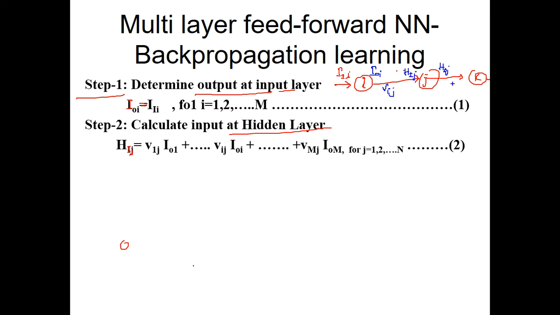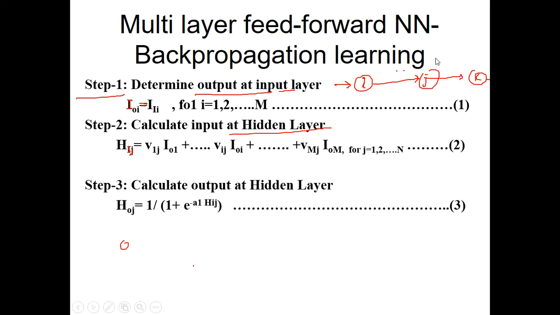Now the weight between here is Wij. On the left side of the output layer we have to compute OIK, and on the right side we have to compute OOK. Okay, now keep it in mind. Now we have to go ahead.